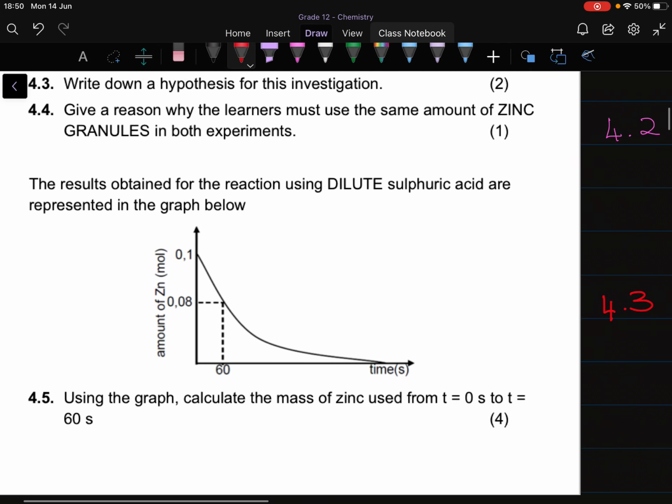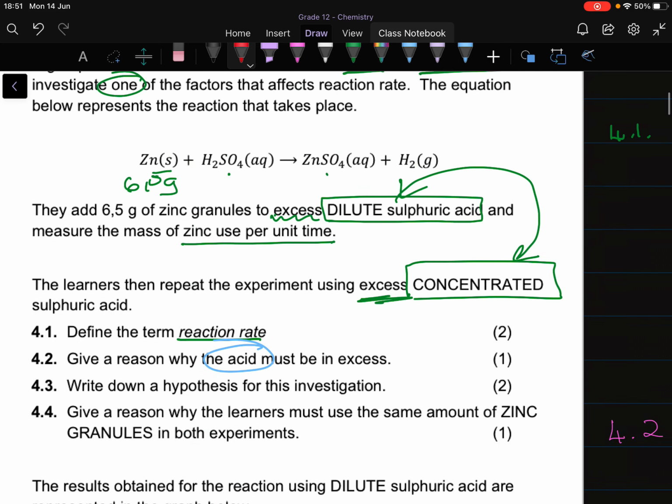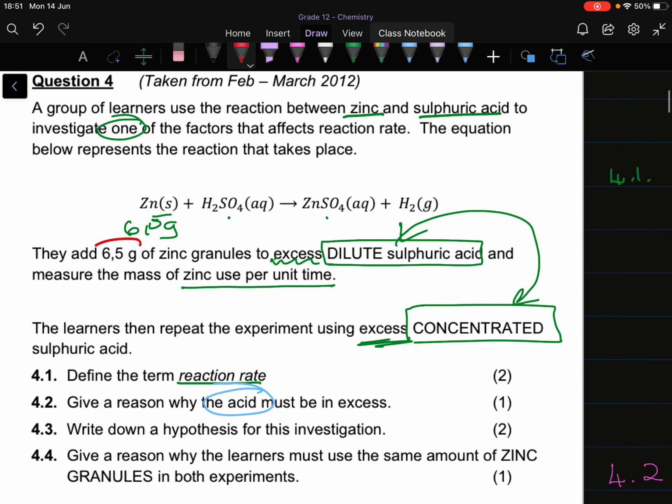All right. Next, give a reason why the learners must use the same amount of zinc granules in both experiments. Well, surely if I use different amounts of zinc, I'm going to get different amounts of product. And it's possible that maybe the amount of zinc affects the rate.